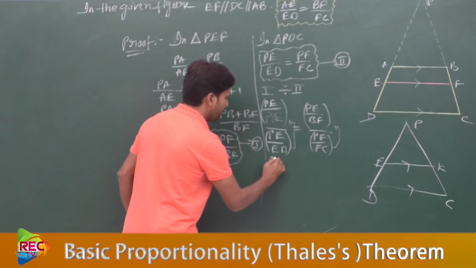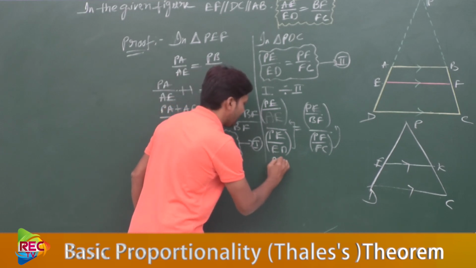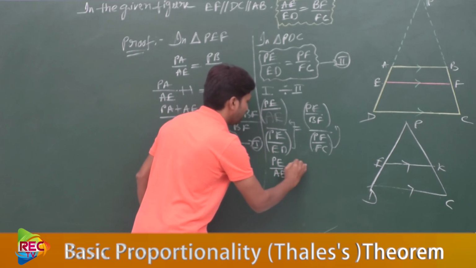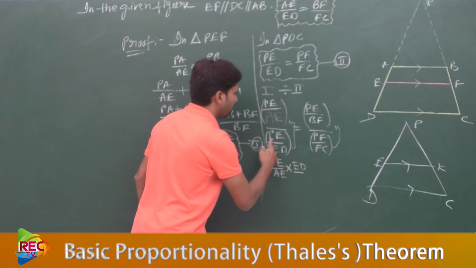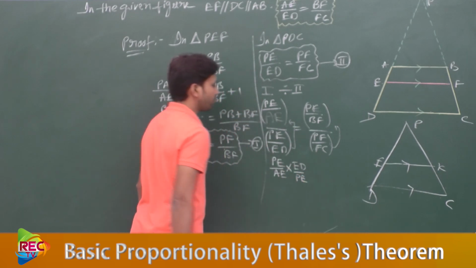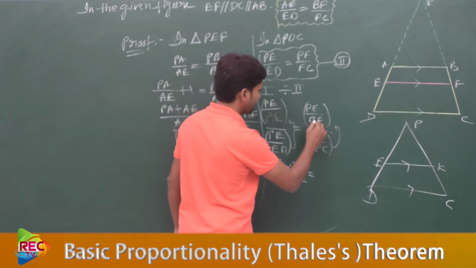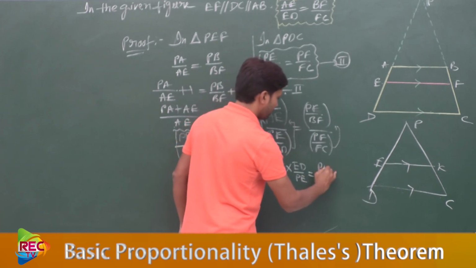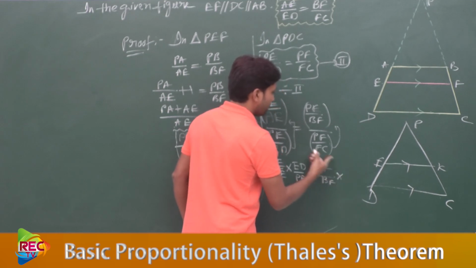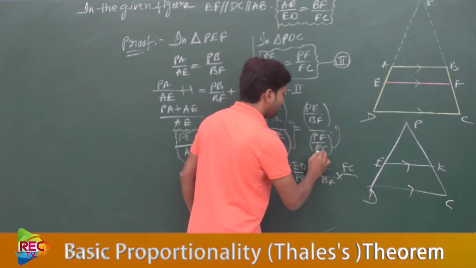So then how can we write it? Here PE by AE into ED by PE. Similarly here also we can write PF by BF, as it is inverted, FC by PF.